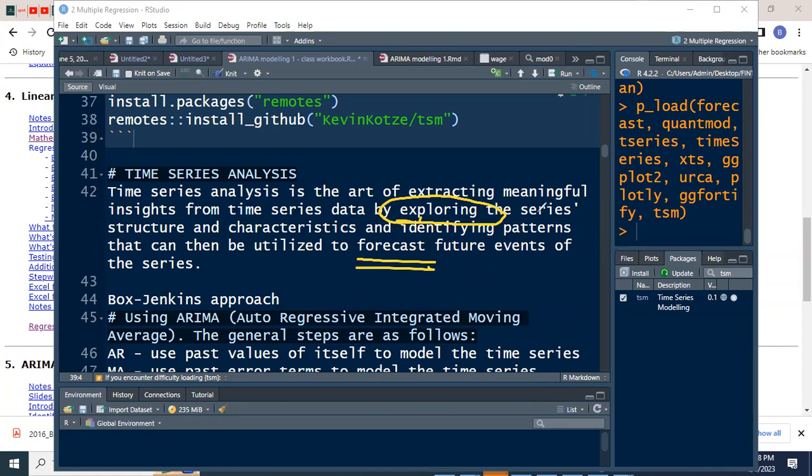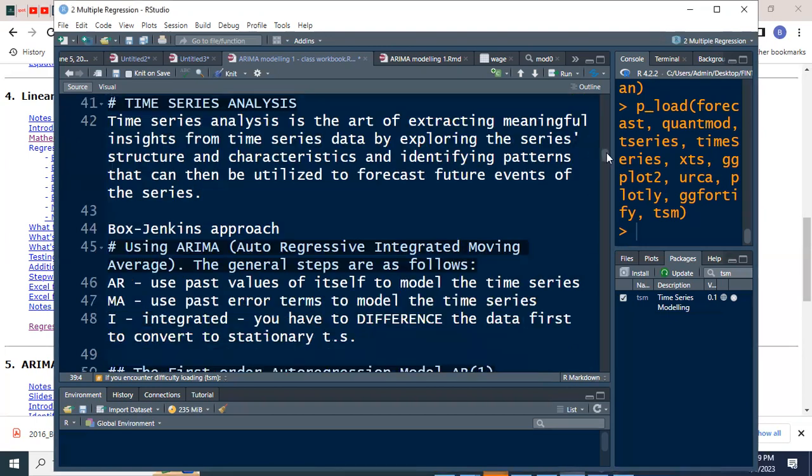NEDA does that, forecasting GDP, GNP. So there is a method that we can use to forecast or come up with a model for time series.